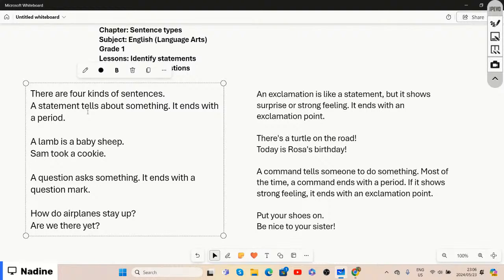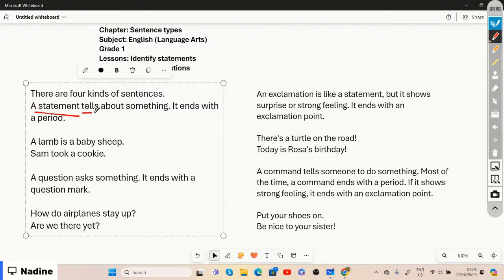When we start looking at the first type of sentence, which is a statement, a statement tells about something. It can basically be anything, it's just telling you something. And with the statement, it ends with a period.